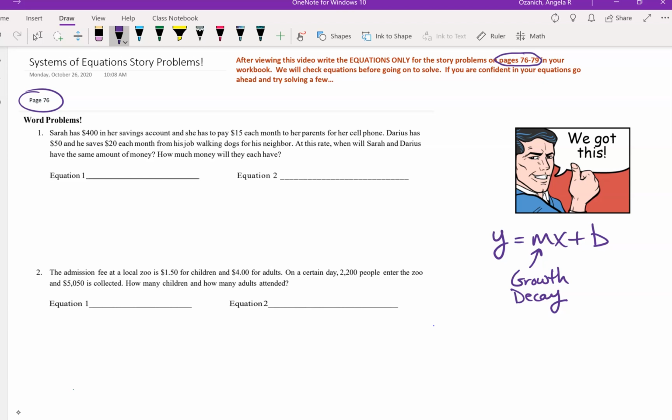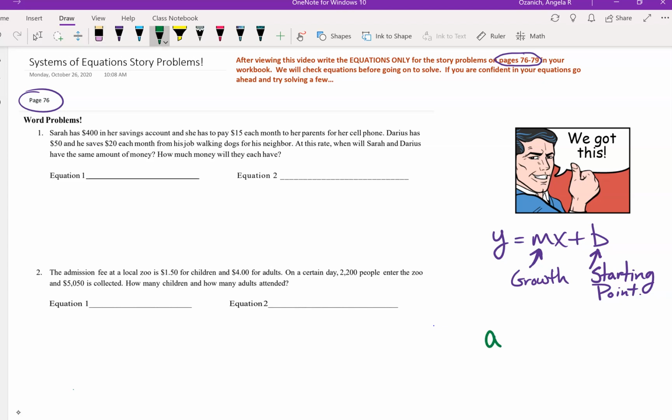So that's going to be your slope. And you're also looking for a starting point, right? Is there information about a starting point in the story problem? Like, I'm starting out with a certain amount of money, or maybe I'm starting out with 0 and I have a slope that's growing from there. So that is one form that we'll be using.